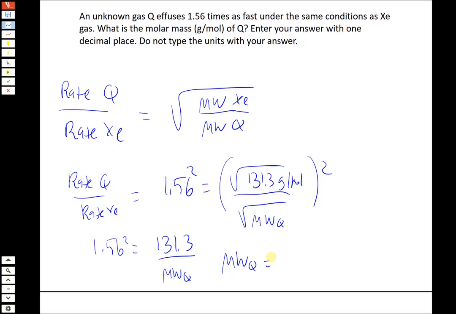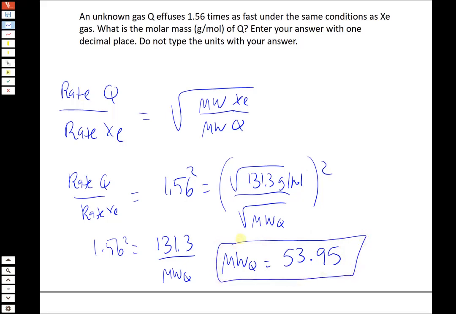So 131.3 divided by 1.56 squared should give us 53.95 as the molar mass of Q. Alright, and it should be smaller than xenon because we're telling you that the unknown gas effuses 1.56 times as fast.